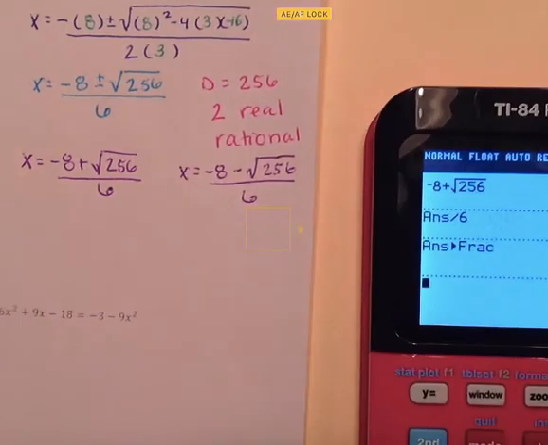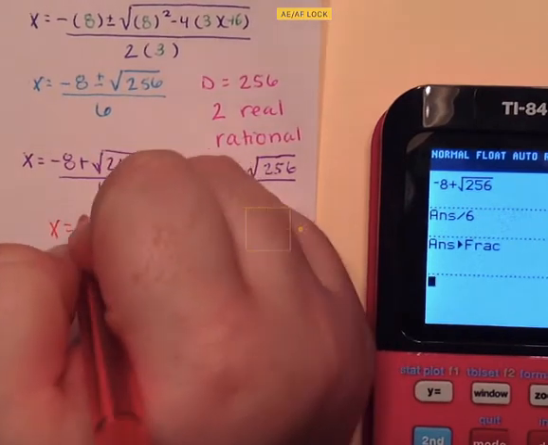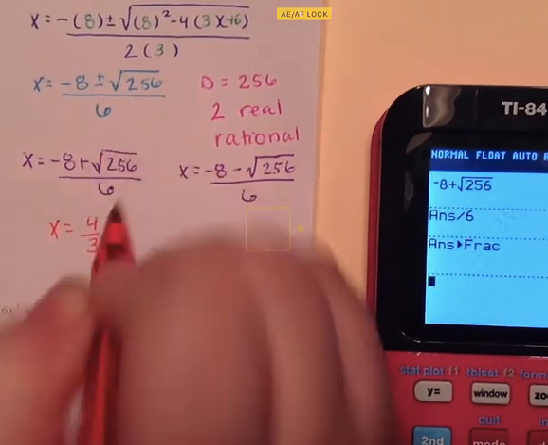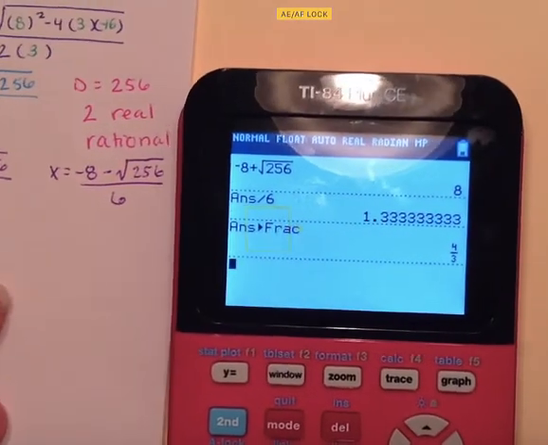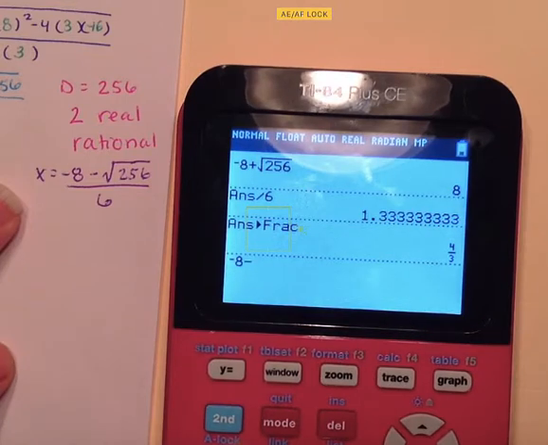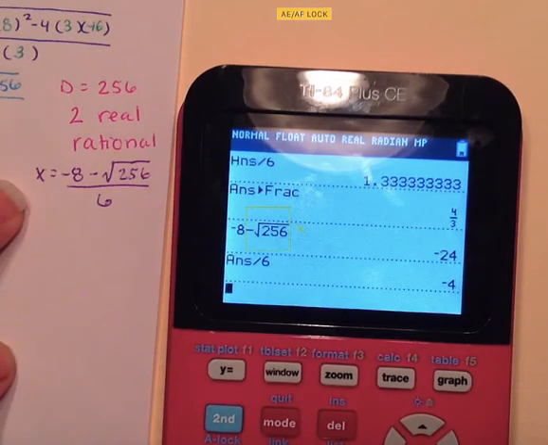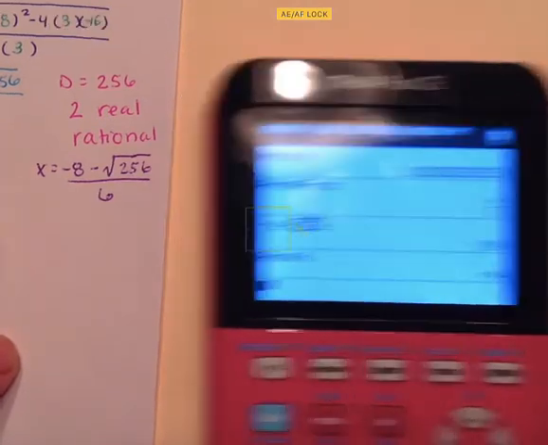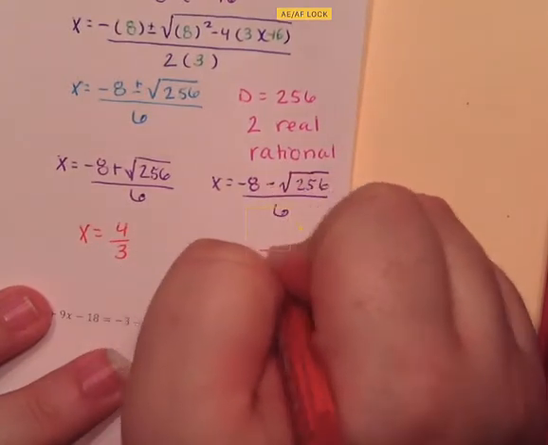That lets me know that it was rational. So x is equal to a positive 4/3. Now the second one, I can do the same thing by doing negative 8 minus the square root of 256, press enter, divide by 6, press enter, and I have x equals negative 4. So x equals negative 4.